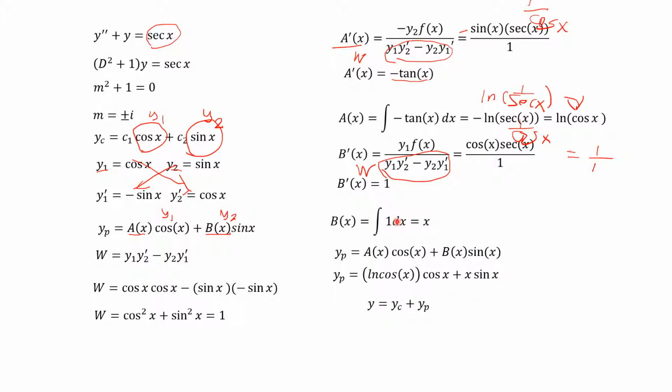And your y is the sum of the complementary and particular solution. That gives you c1 cosine x plus c2 sine x plus our particular solution, which is ln of cosine x times cosine x plus x sine x. This is our general solution.